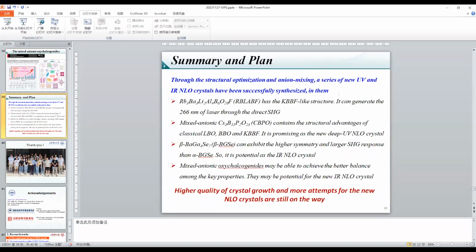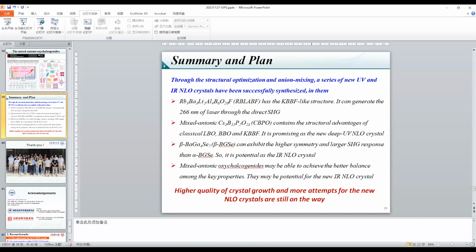In summary, through structural optimization and anion mixing, a series of new UV and infrared nonlinear optical materials have been synthesized. Among them, this compound has a KBBF-like structure, and it can generate 296 nanometer laser output by direct SHG. And this compound contains all the excellent structural genes of LBO, BBO, and KBBF.